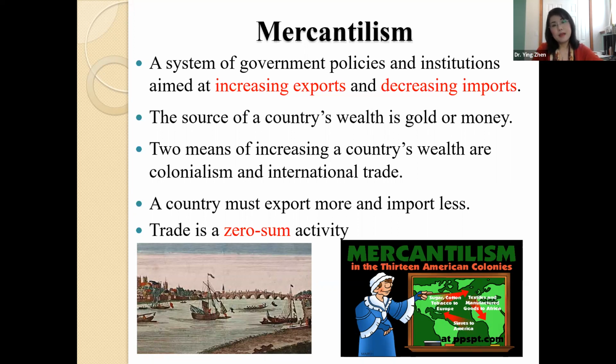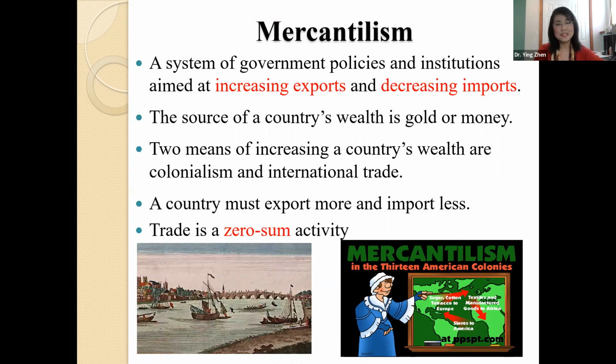And according to mercantilists, trade is a zero-sum game, because if you ship gold and silver to another country, the other country would gain this amount, and this country will lose the same amount. Therefore, positive plus negative, they just offset each other. Then we get a zero.